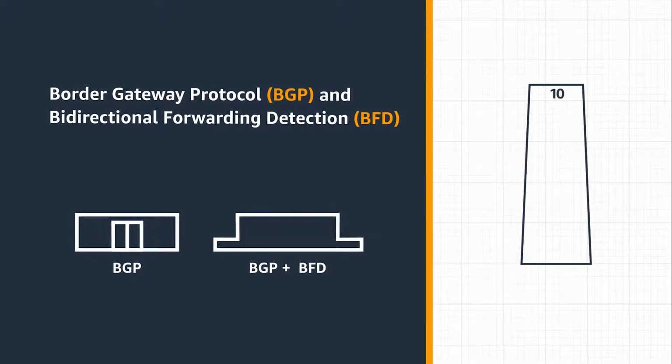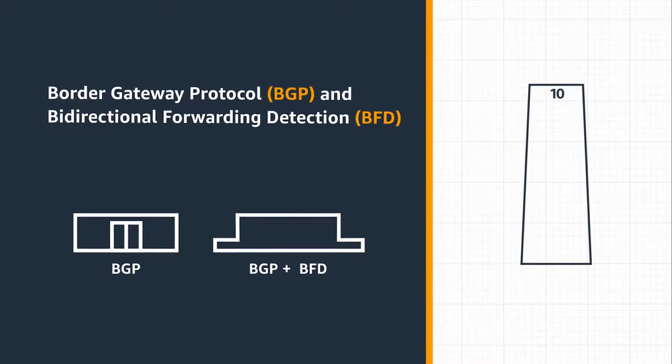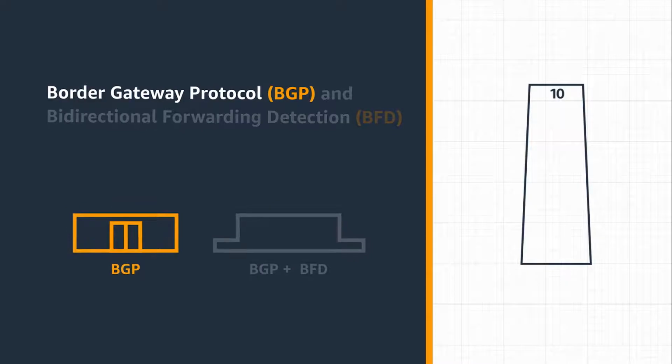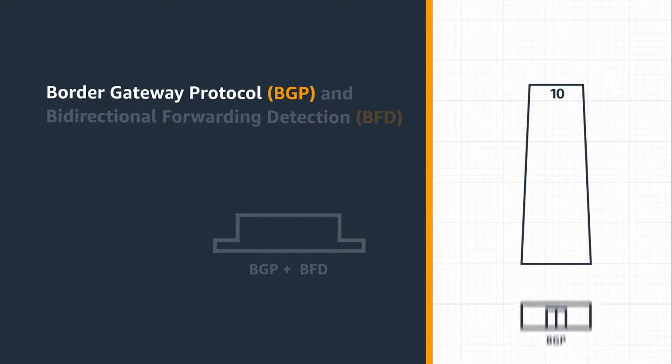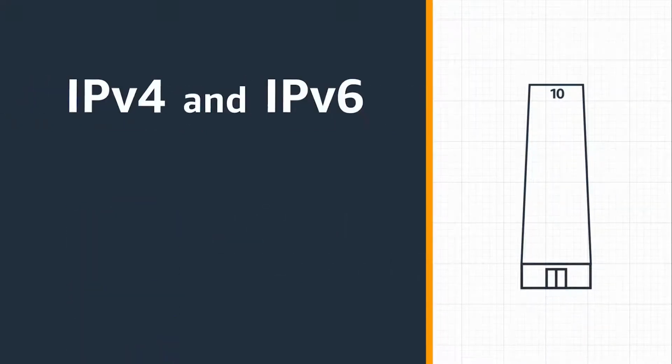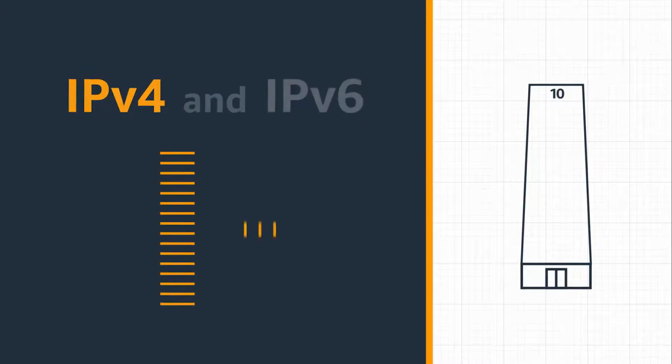Your choice of private or public ASN will determine which type of virtual interface you can use later. Private virtual interfaces require a private ASN, and public virtual interfaces require a public ASN. For this scenario, we will use BGP with a private ASN. Direct Connect supports IPv4 and IPv6.